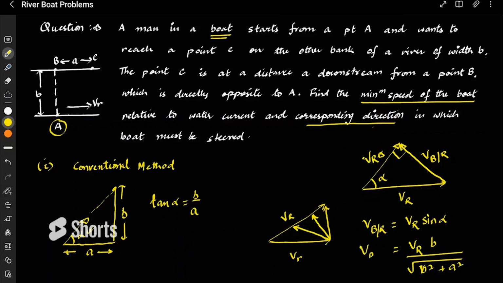So the velocity of the boat with respect to the river is V_R times B upon root of A square plus B square, and let me just correct it, it is B square. Okay, so this you directly get the answer.